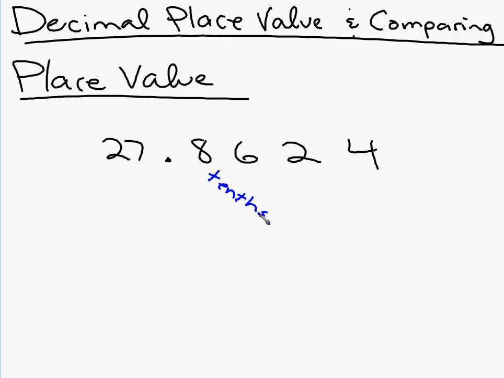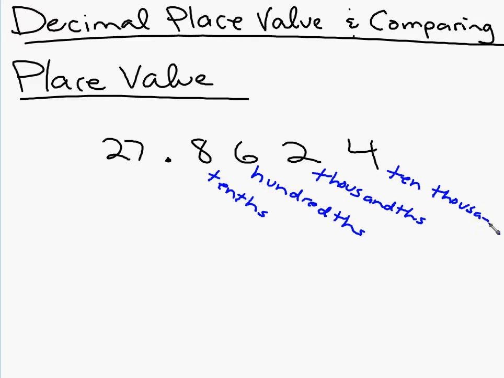The 6 is hundredths. The 2 is thousandths. And the 4 is 10 thousandths. Okay? That's really as far as we need to worry about.